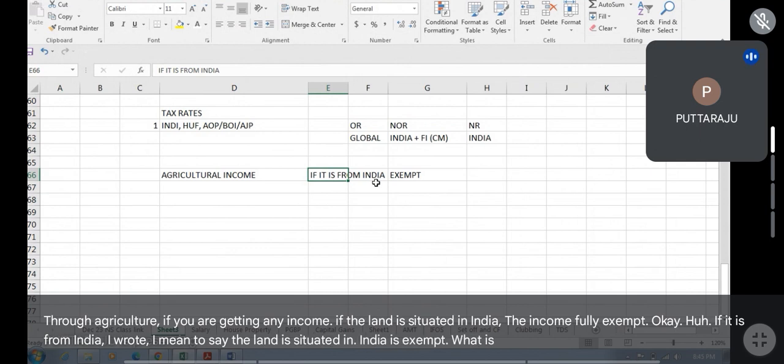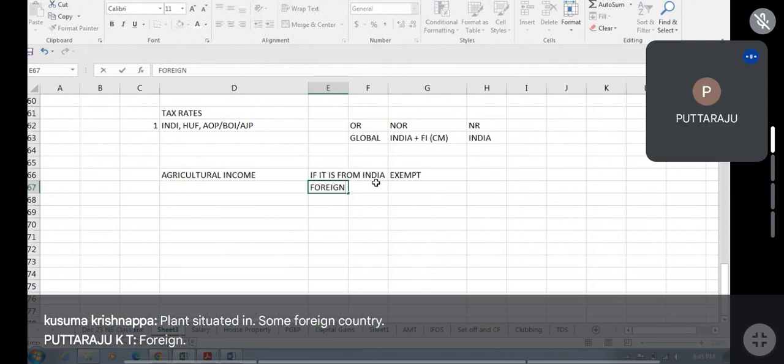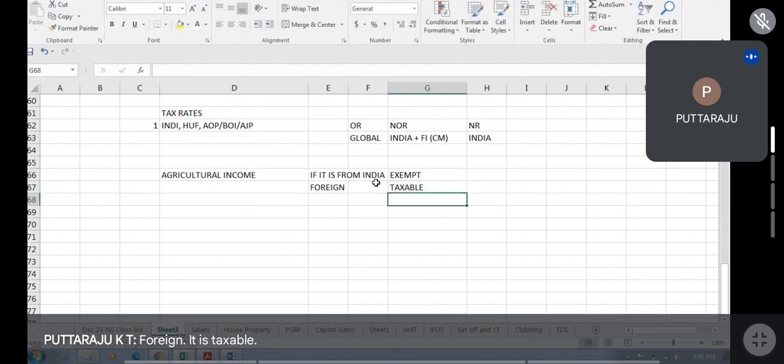What is the other side of the coin? Land situated in some foreign country, it is taxable. Understanding?